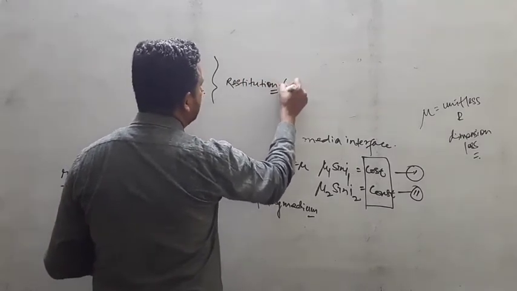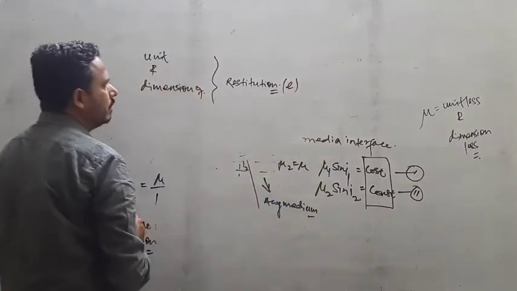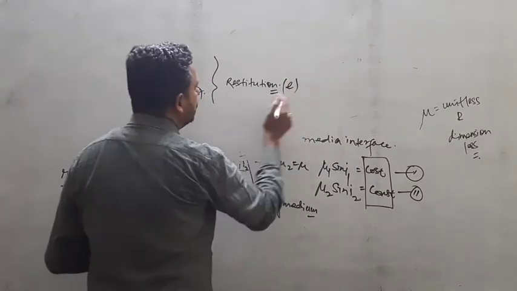Restitution is basically represented by small e, and the magnitude of small e varies from 0 to 1.